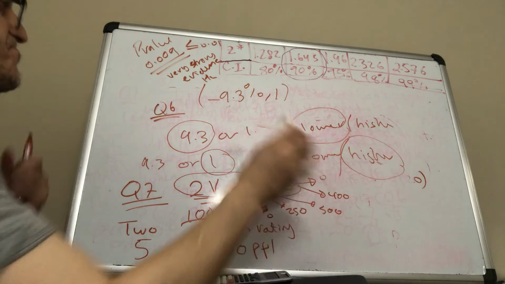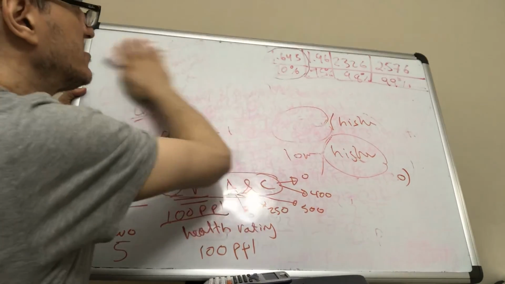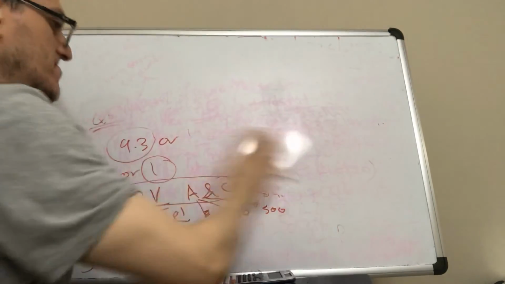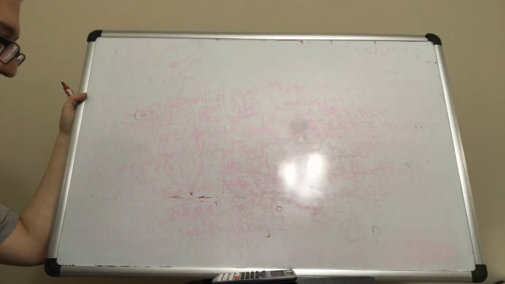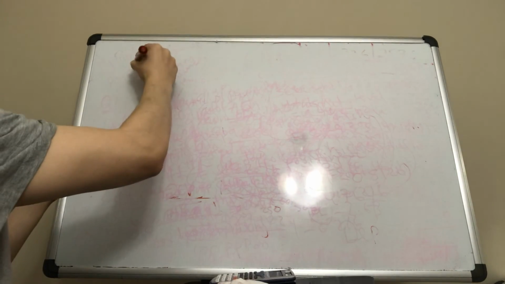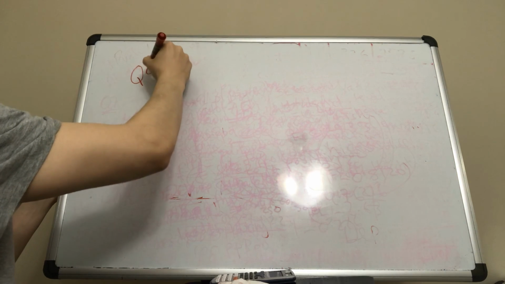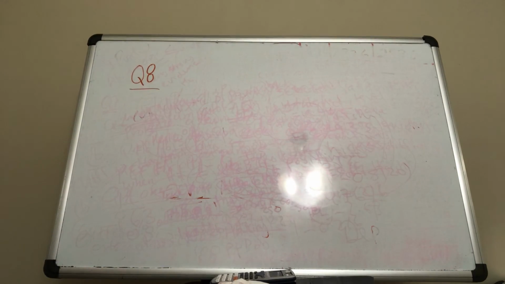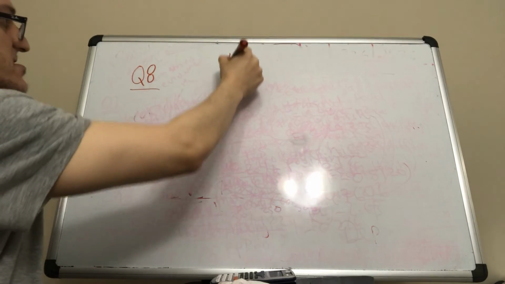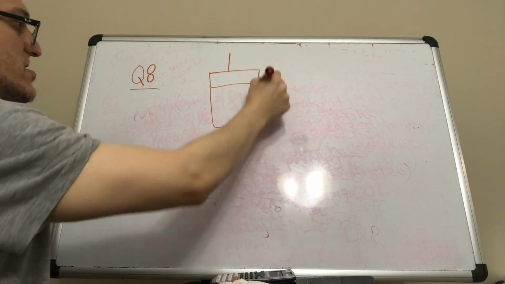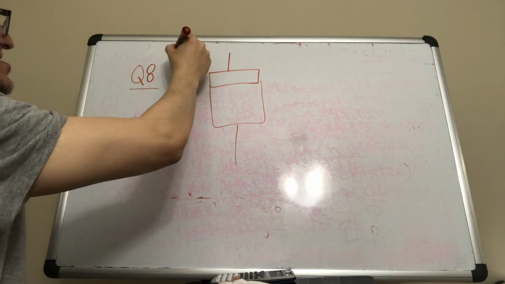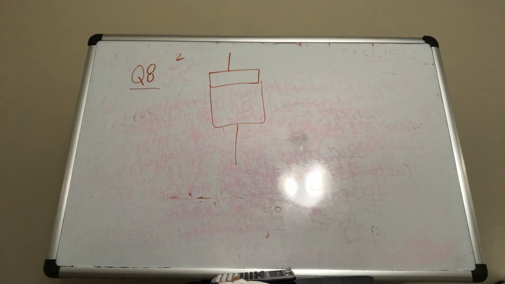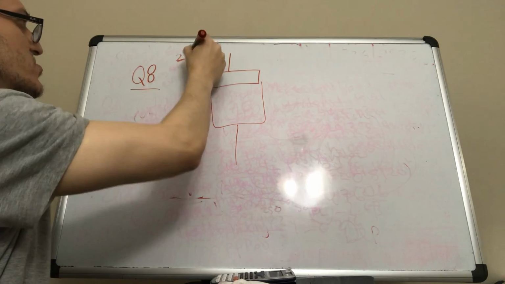Question 8. They give you a box plot. I'll do it quickly. It starts at this number here, again, it's not very clear, 28.